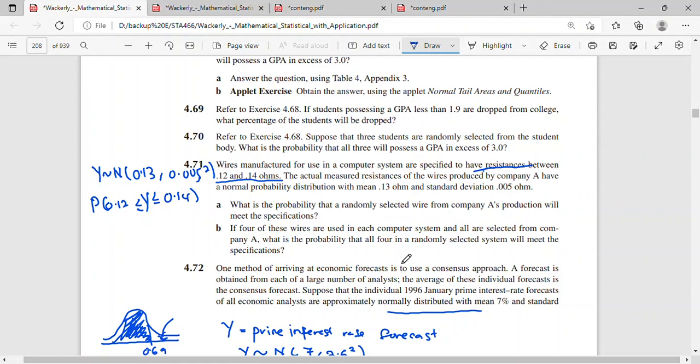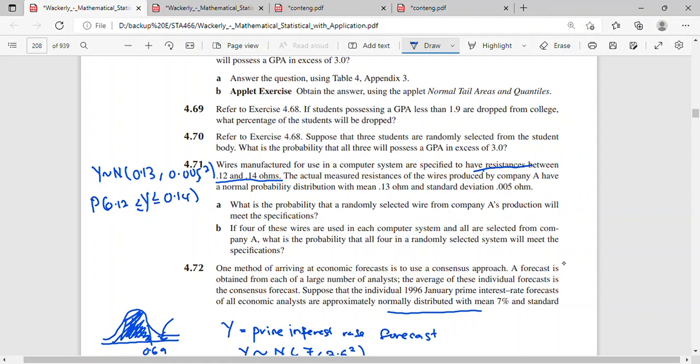Okay, soalan kedua. If 4 of these wires are used in each computer system and all are selected from company A, what is the probability that all 4 in a randomly selected system will meet the specification?